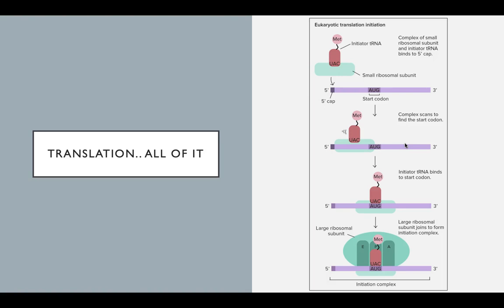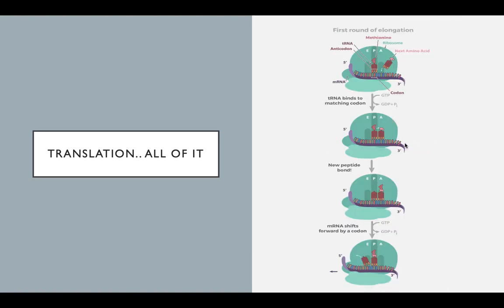Since the initiator tRNA is in the P site, translation can begin to occur, and the next tRNA is placed into the A site. So the initiator tRNA will now move to the E site after that, and the tRNA that was in the A site will now move to the P site. So only 2 tRNAs are allowed in the ribosomal complex at a time.